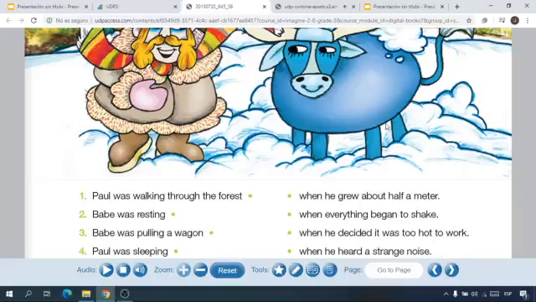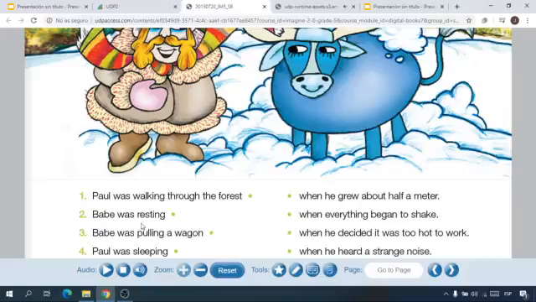The snow had dyed his fur blue. I took him home and dried him off, but the blue wouldn't come off. Ha! Did Babe grow quickly like you did? Oh, yes. He grew a lot every day. One day he was resting in the barn when he suddenly grew about half a meter. The barn was very small, so when he grew, he knocked down all the walls.